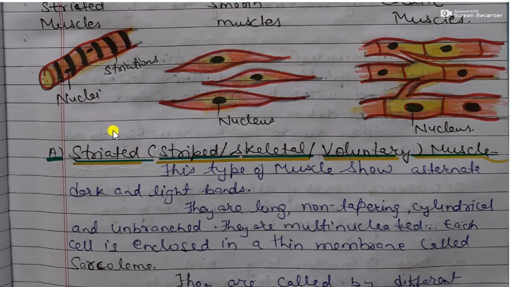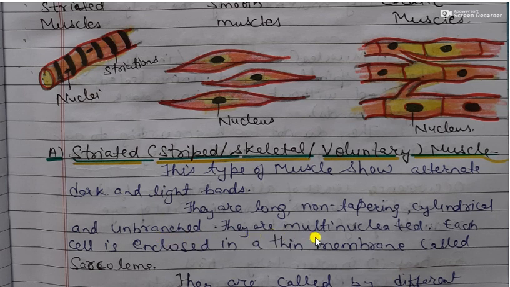They are long and non-tapering. Non-tapering means they are not pointed at the ends. Smooth muscles are tapering at the ends, but striated muscles are non-tapering, cylindrical and unbranched. They do not have any branches.